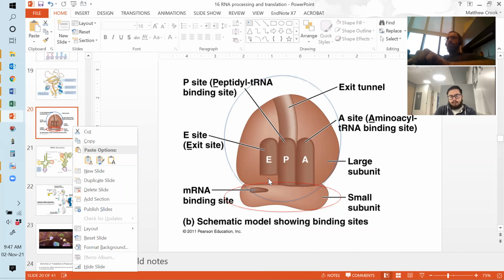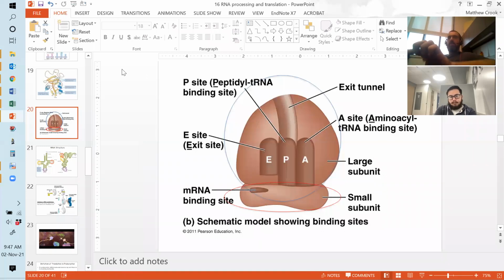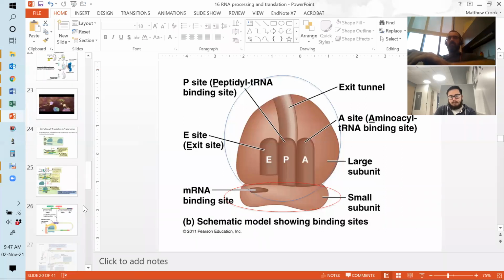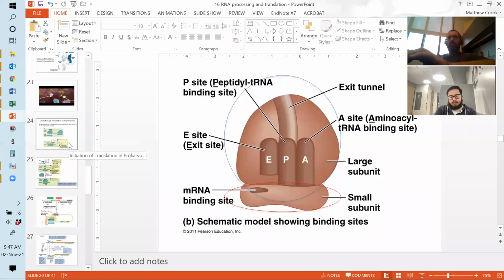So we will start with a start codon in the P site and a tRNA with methionine, which is encoded by the start codon, already present here. Right, so it's already kind of raring to go before anything has actually happened in terms of translation, at least the longer term process.